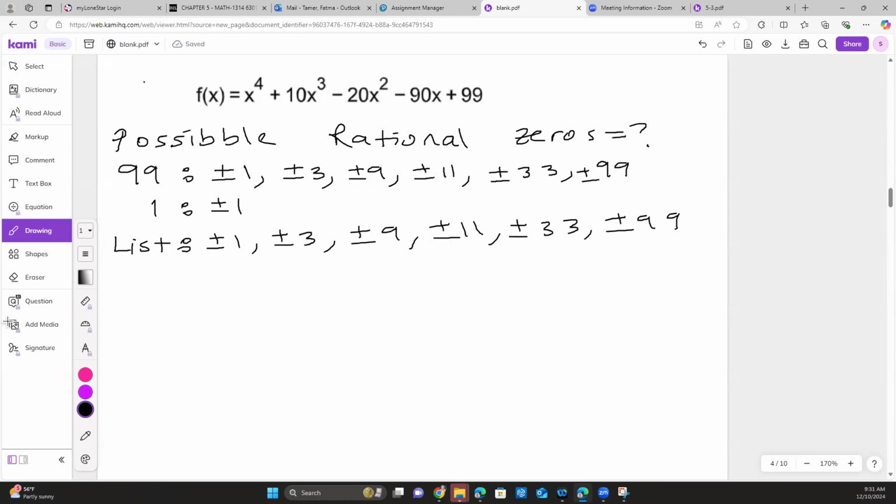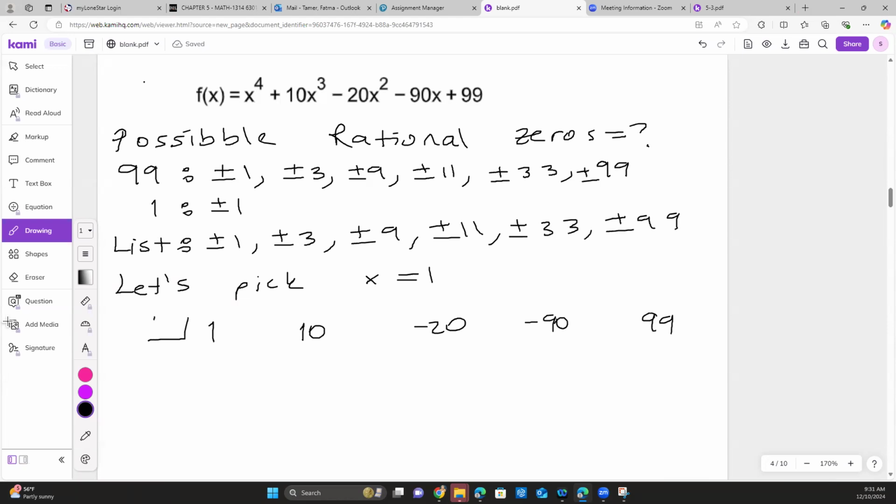Okay, now I want to pick x equals 1 this time and check if it is going to work or not. So I'm going to perform a synthetic division to check if 1 works. So we have 1x to the fourth, 10x cubed, negative 20x squared, negative 90x, and the last number is 99.